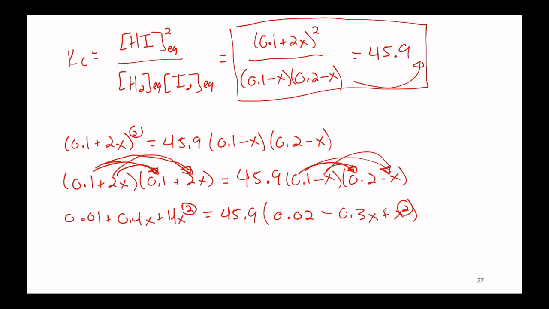So if we pull everything to one side of the equation, leaving only a 0 on the other, what this leaves us with, or sets us up to solve for, is 41.9x squared minus 14.17x plus 0.908, and all of this is equal to 0. All right, so just to recap what we've done so far, we set up our equilibrium expression so that we can solve for x.